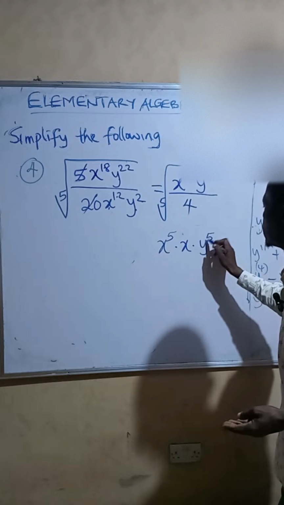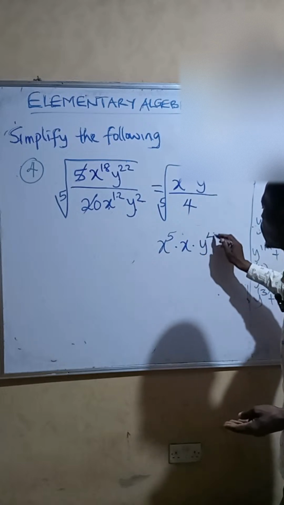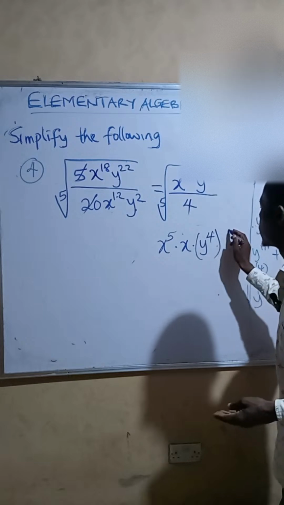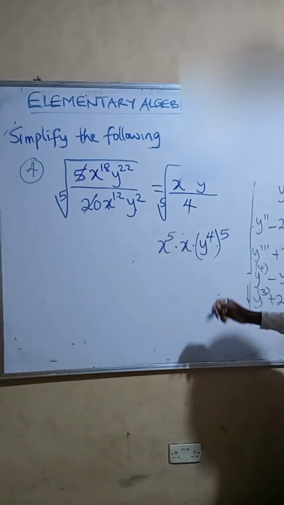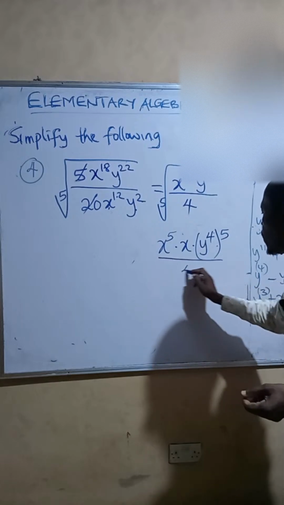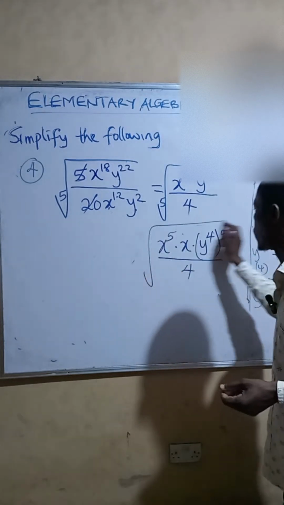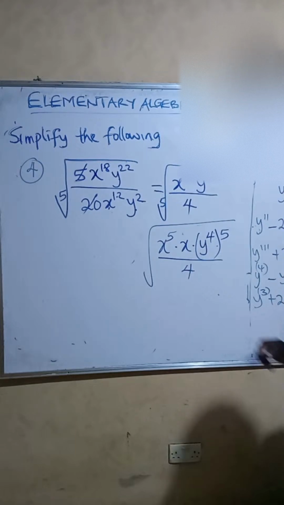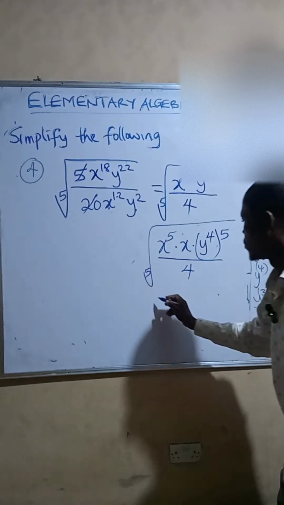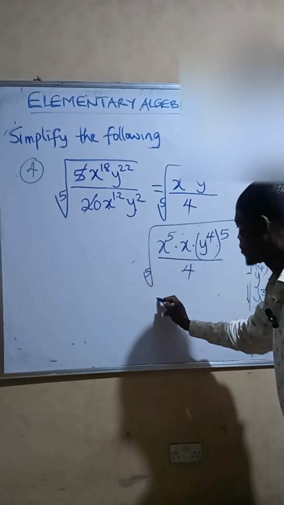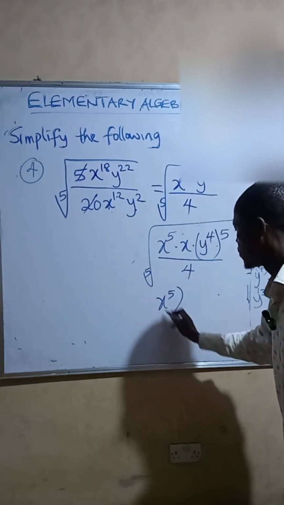Let me make it 4 and 5. So by the time we remove this fifth root, all over 4. So we now remove this one, that will be x^5 to the 1 over 5.